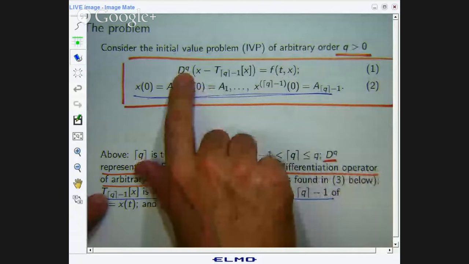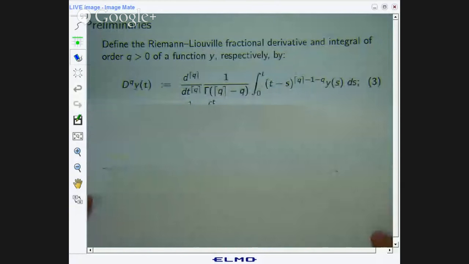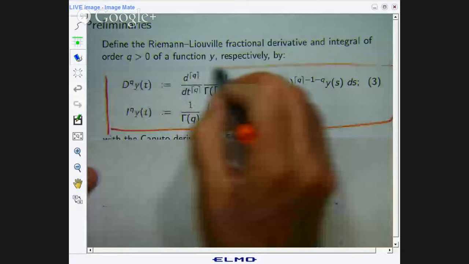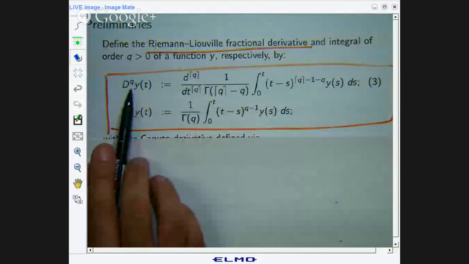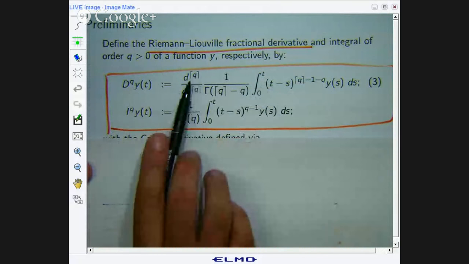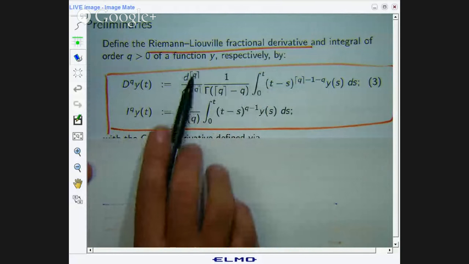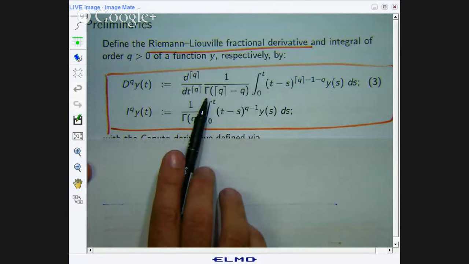Now, firstly, let's look at this definition a little bit more. In fractional calculus, you have the concept of a fractional derivative, D sub q, which is given here. Now, you'll see that you've got an integral, you've got these regular derivatives here of order ceiling q, and you've got the gamma function here.